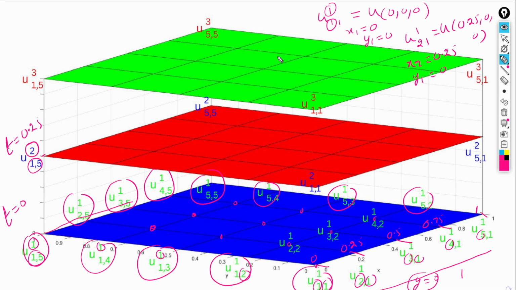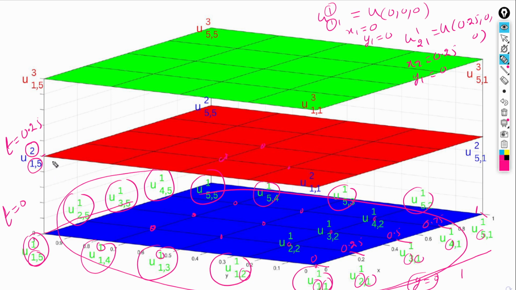This is just for understanding how we implement the next level to get the values. If you need to compute these values, we will use the method we established just now. All these values are required to compute the points in the red plane at the grid points.